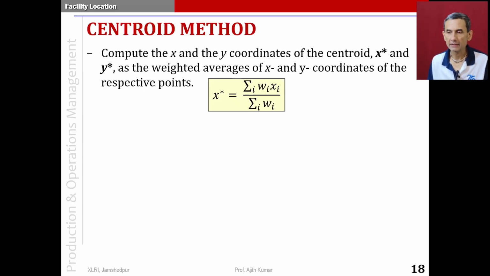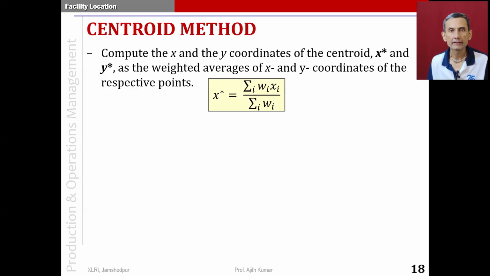The X star, which refers to the X coordinate of the proposed warehouse, is sigma over i of Wi xi, where Wi is the weight given to customer location i, and xi is the X coordinate of customer location i, divided by the sum of the weights.